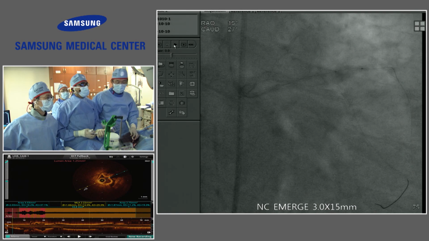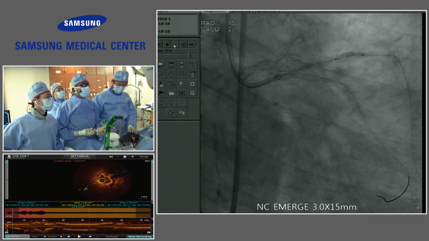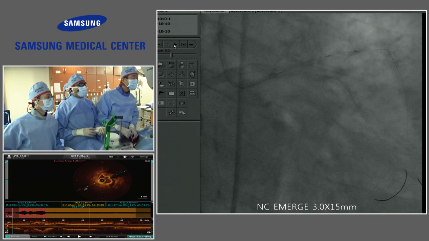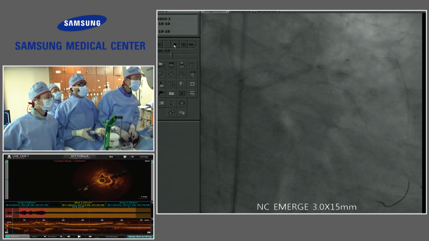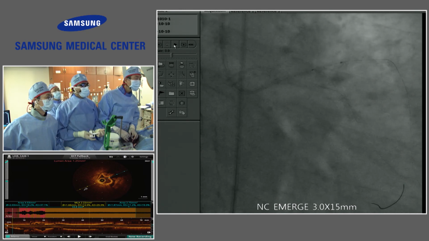And in cases with this calcified bifurcation, I sometimes prefer to do the T-stenting or mini culotte in order to secure both of them.